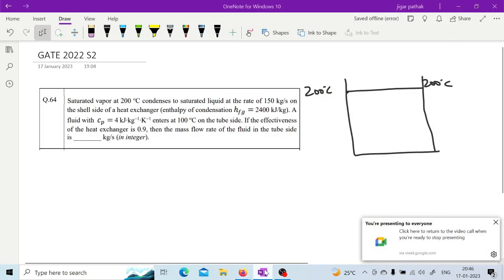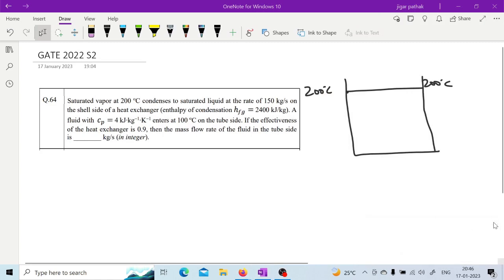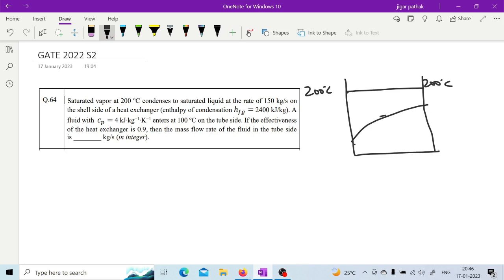So condensing steam is at 200 degrees centigrade, and this cold fluid is entering at 100 degrees centigrade, right? So what we need to calculate is the mass flow rate of the fluid in the tube, which is the cold fluid, right, because steam will be around that cold fluid.